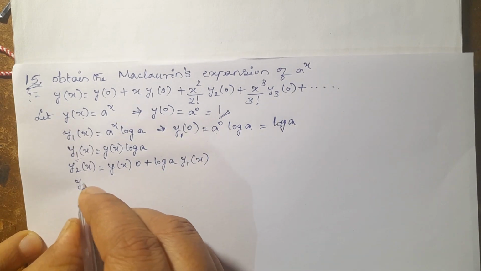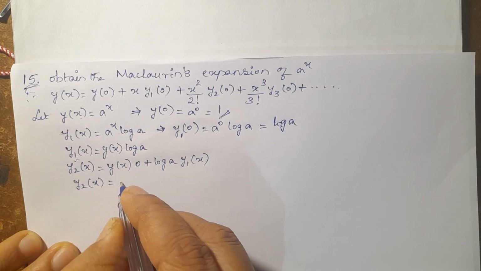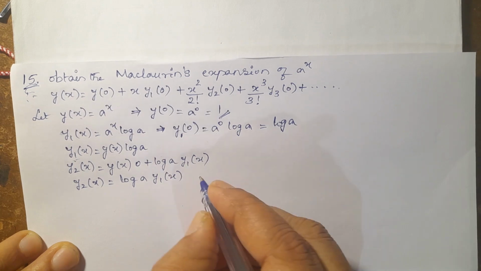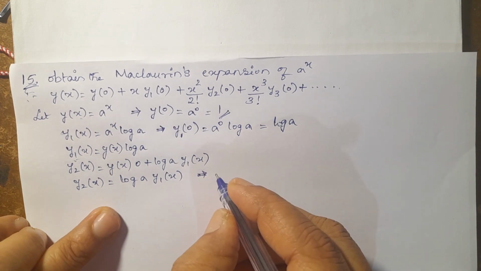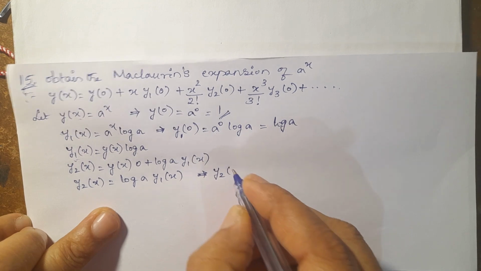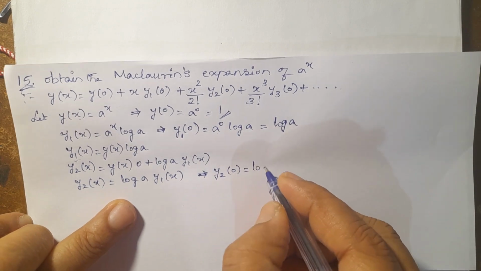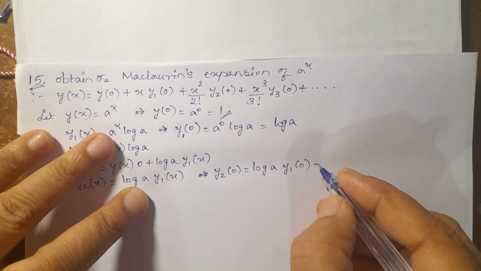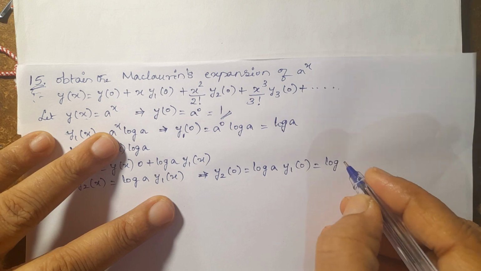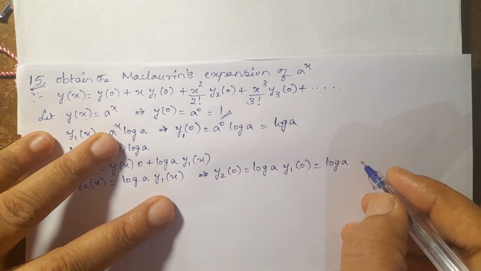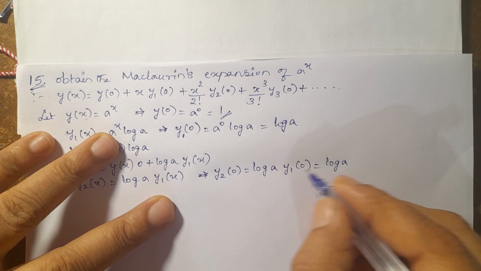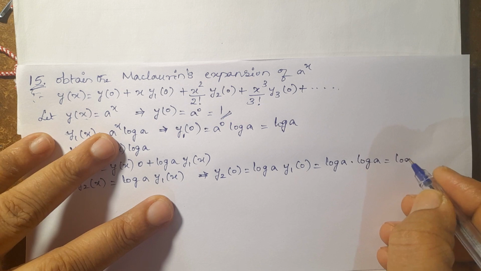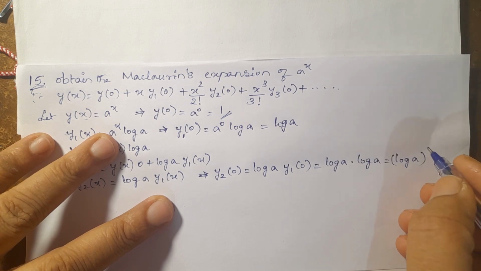So then y2 of x equal to log a into y1 of x. It implies at x equal to 0, y2 of 0 equal to log a into y1 of 0. y1 of 0 is log a. Log a into log a equal to log a whole square.